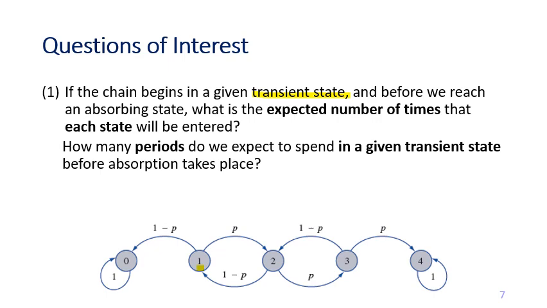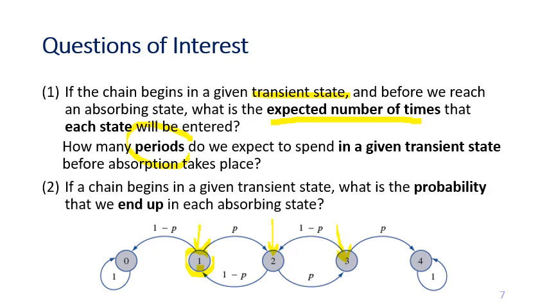If we begin in state 1, how many times do we expect to enter state 1, state 2, and state 3 before finally we will be absorbed? Or in other words, how many periods do we expect to spend in state 1, state 2, and state 3 before absorption takes place? So the key word here is expected number of times or periods. So talking about the times or the periods.